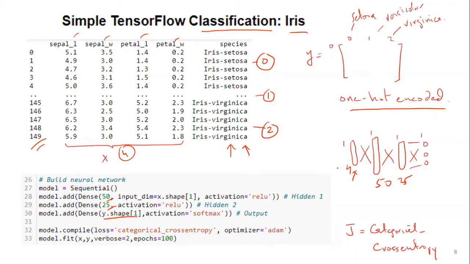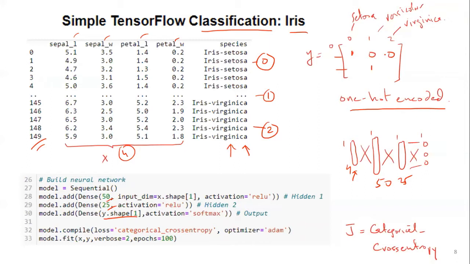Anybody remember? Right. If you have 3 types, you're going to have 3 columns. If this particular row is of type 0, it will be 1 over here. If the next one is of type 1, you'll put a 1 over here. The other 2 will be 0.